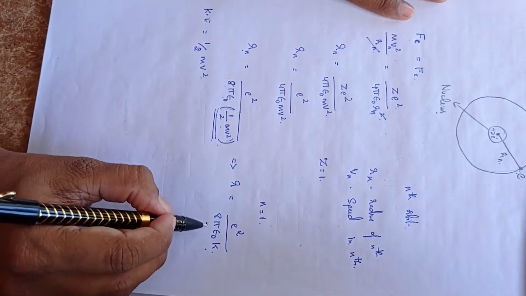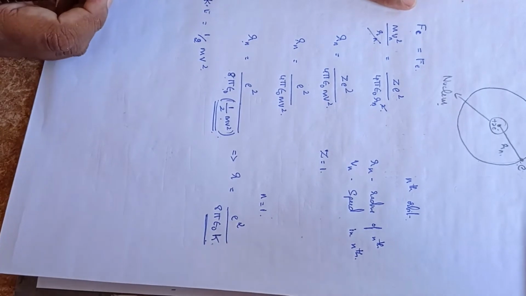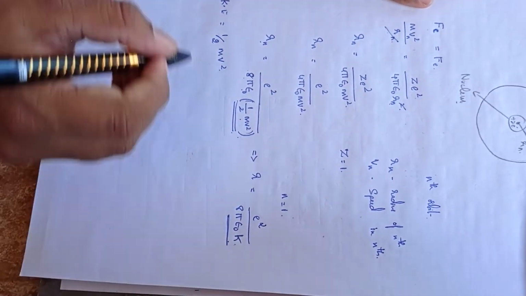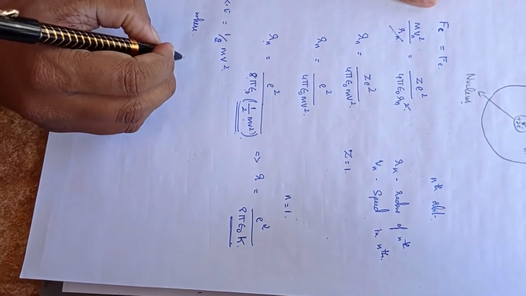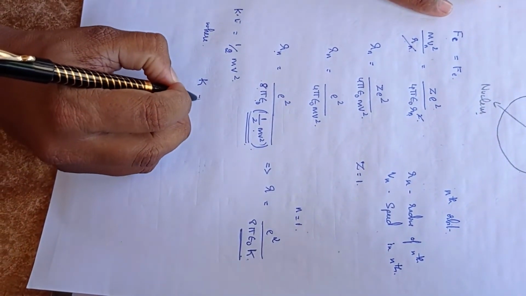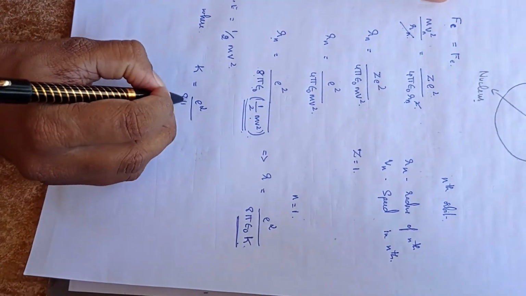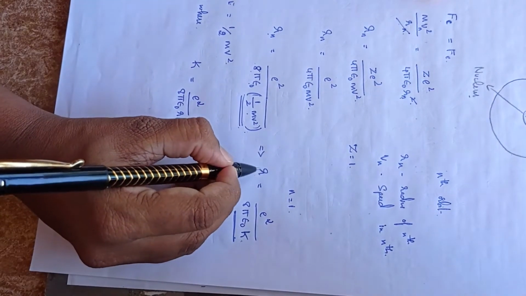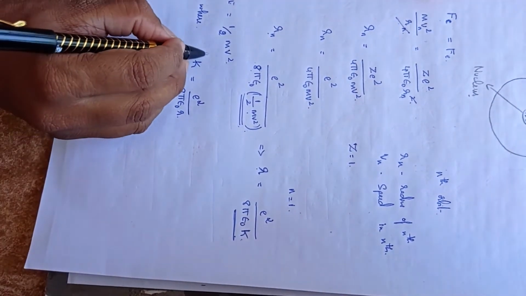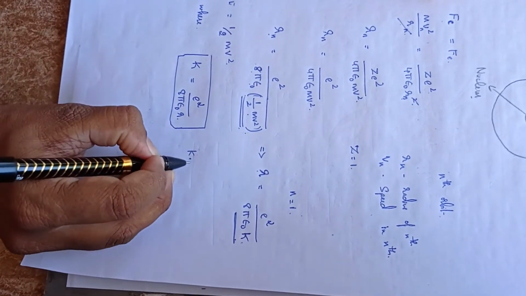So we write half mv square as K, where we can get the expression for K, that is kinetic energy, as e square by 8 pi epsilon naught r. Students, we brought K over here, so we got the expression for kinetic energy, right?